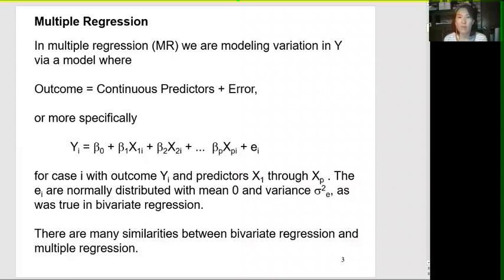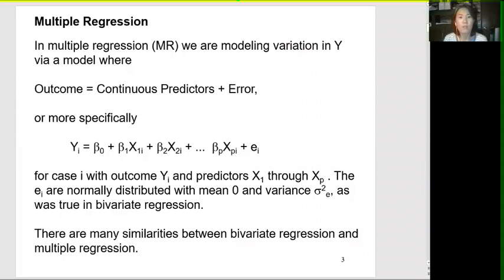So the left term is the outcome Y, then the continuous predictors, the Y hat, and then plus error. Error, a different name is residual. So Y equals Y hat plus E, error, residual, okay?